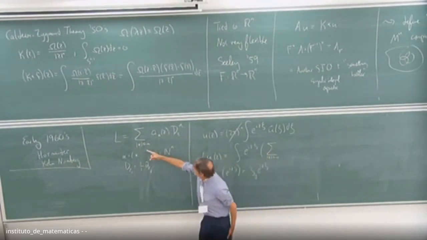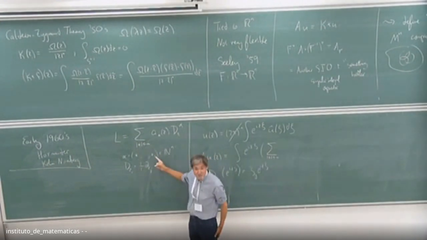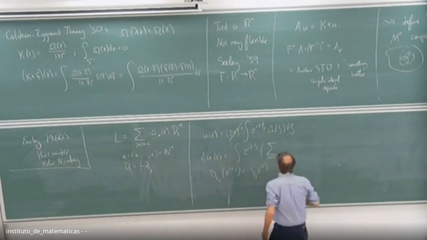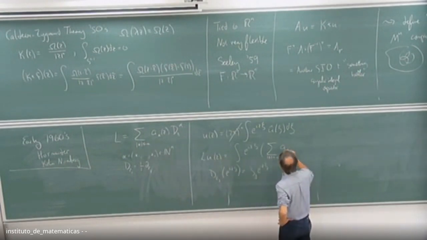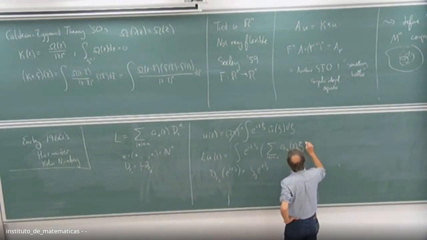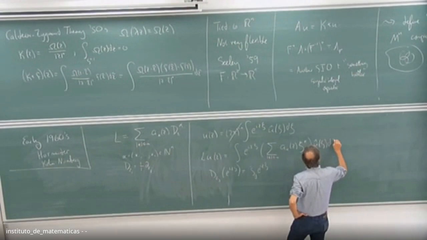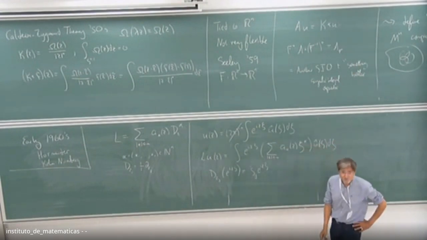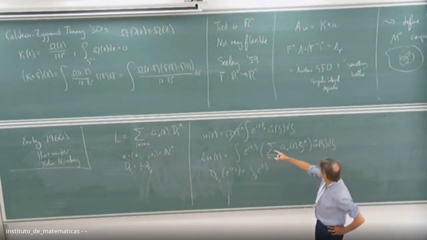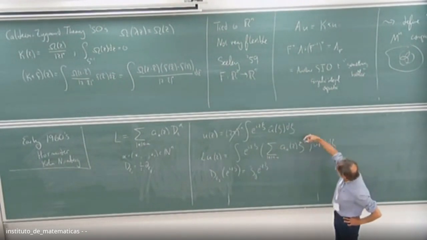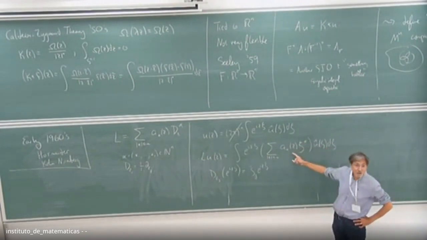By the way, |alpha| means alpha_1 plus dot dot dot plus alpha_n, so this is an operator of order m at most. So it has converted this differential expression into a multiplication operator. This is a little bit complicated because it's a polynomial in zeta with coefficients depending on z.